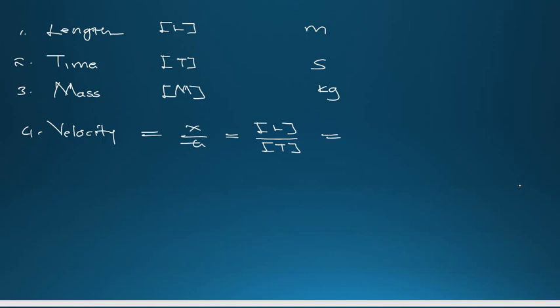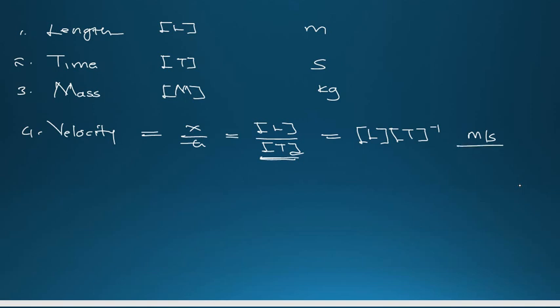But you can also write this by taking t on top. Taking t from the denominator to the numerator, it's going to gain a negative sign. Laws of indices, this is what you need to know. So how about the units of velocity? Since on top we have L, the length, the units of length is meters, and down we have T as seconds.